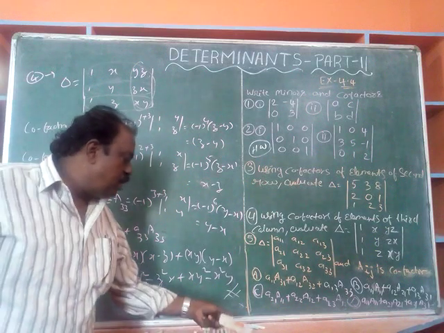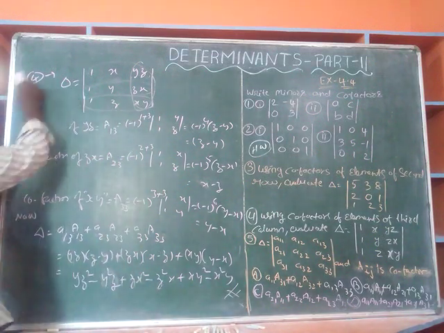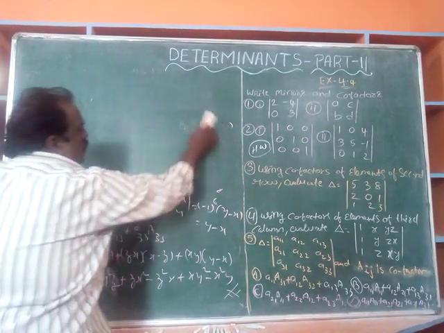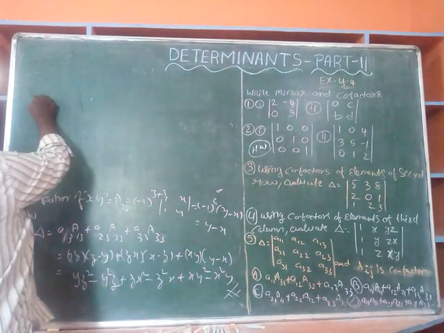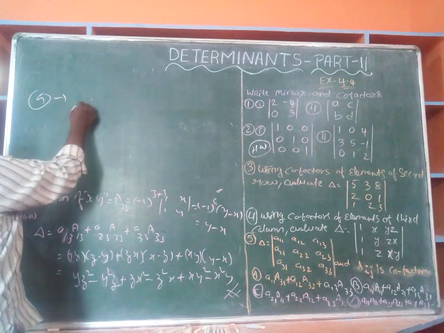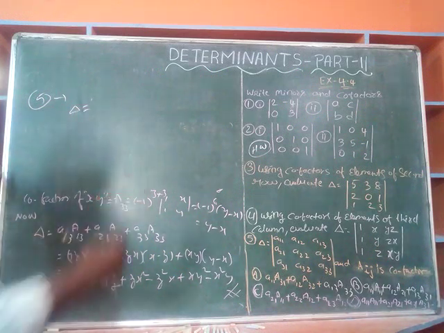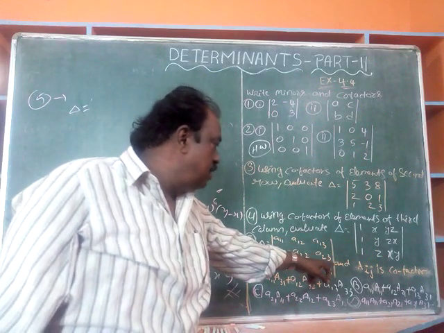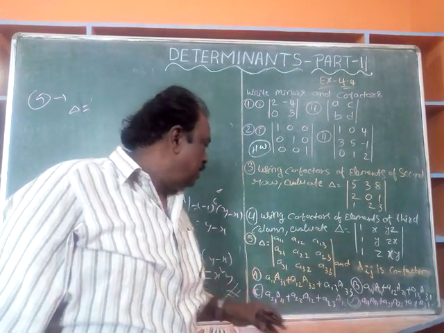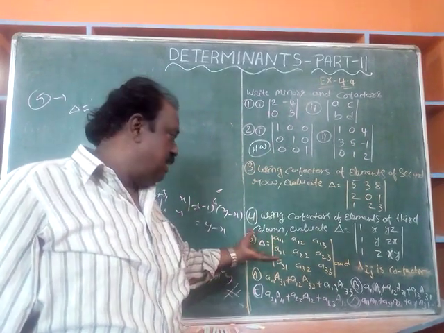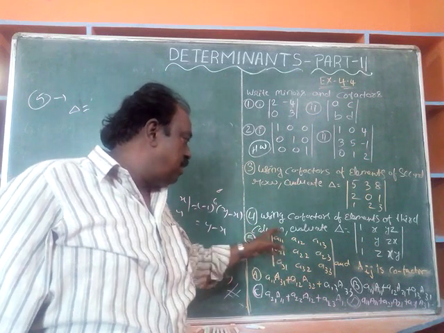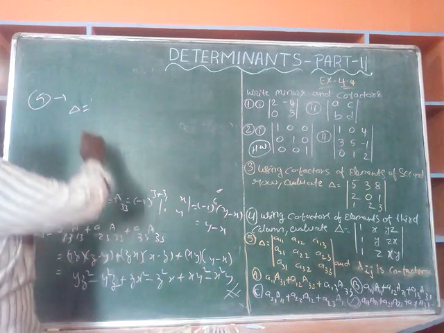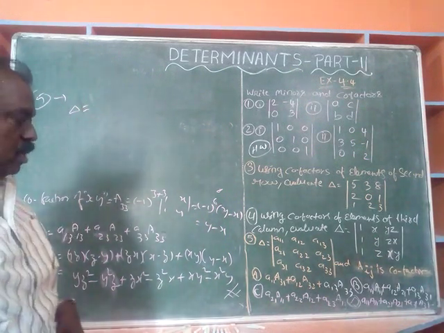The last one I want to explain. This objective question is very simple, and the definition itself is there. The sixth one: delta is given, and Aij is the cofactor. Delta is the general determinant of a 3 by 3 matrix.